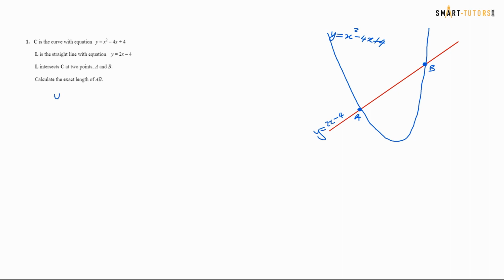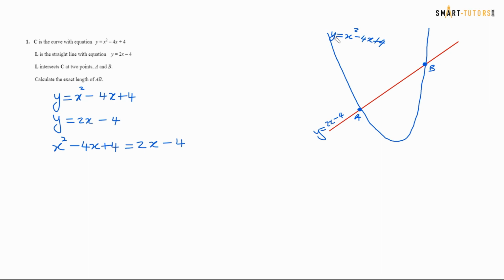The first equation is y equal x squared minus 4x plus 4, and the second equation is y equal 2x minus 4. So equate the y. So x squared minus 4x plus 4 equal 2x minus 4.